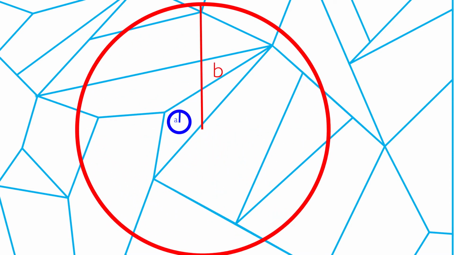To define normality, we state the existence of an A and B, where A is greater than 0 and B is greater than A, such that each cell contains a ball of radius A and is contained in a ball of radius B, creating finite upper and lower bounds, constricting the cells to not grow or shrink infinitely, like in a fractal pattern.